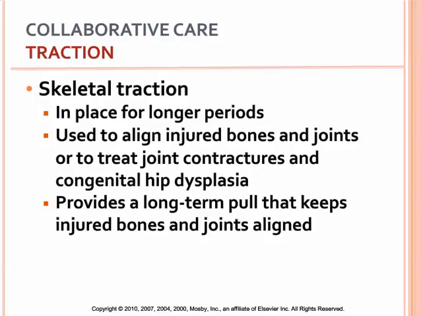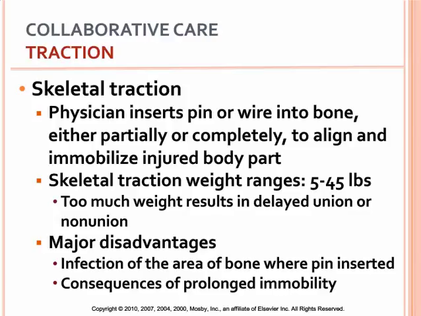Skeletal traction, on the other hand, is in place for longer periods. It's used to align injured bones and joints or to treat joint contractures and congenital hip dysplasia. It provides a long-term pull that keeps the injured bones and joints aligned. The physician inserts pins or wires into the bone, either partially or completely, and aligns and immobilizes the injured body part.